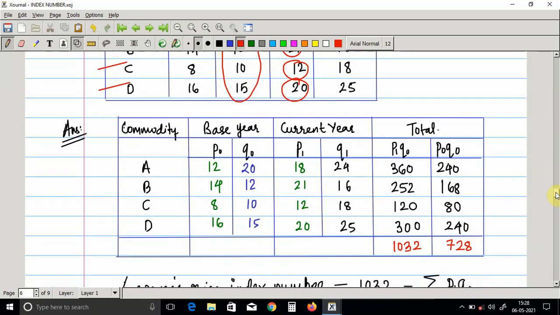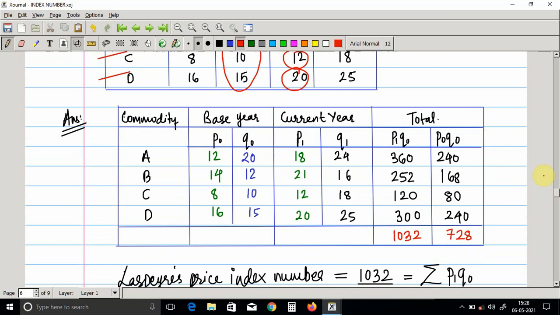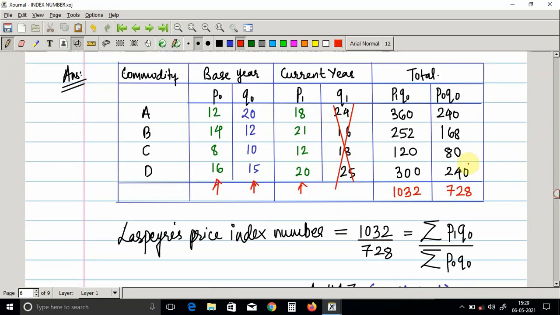Okay, let's see how Laspeyres price index is calculated. The colored figures mean I have to do the calculation with these three columns. I am not touching this column. How much you are purchasing in current year, Laspeyres price index has nothing to do with it. So for the Laspeyres price index, let's see what I have done.